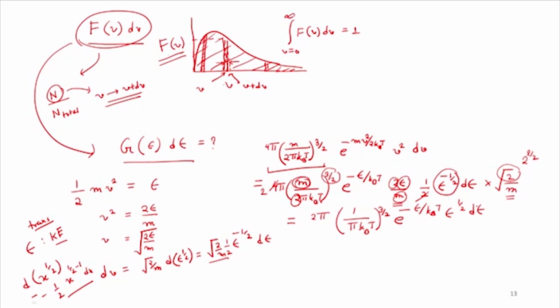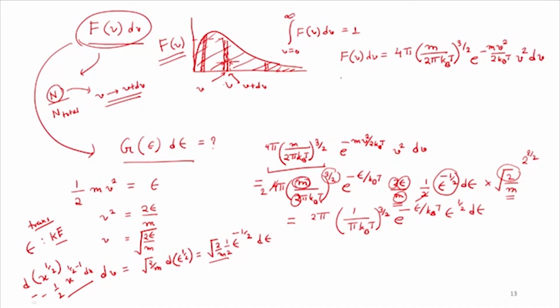So let us write it clearly. What we just got is the distribution function in terms of molecular speed, which we write as f of v dv, and that is 4 pi m by 2 pi kBT raised to the power 3 by 2, e to the power minus mv square by twice kBT into v square dv.